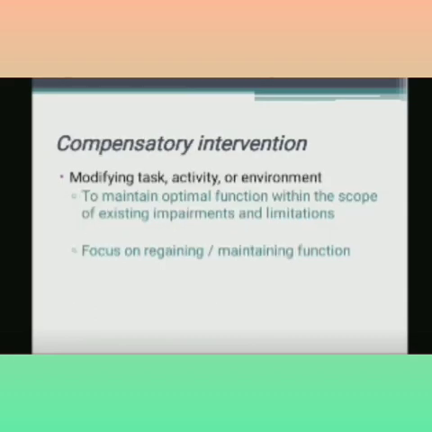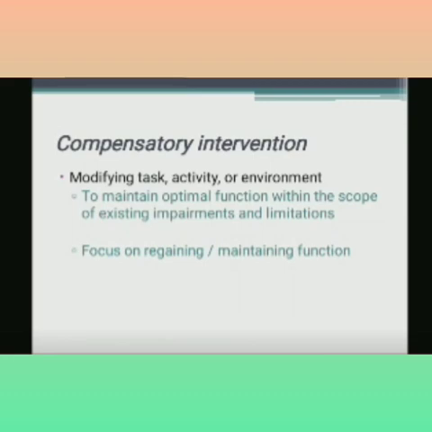Then comes your compensatory intervention. That means here the impairment has happened, so we couldn't prevent the impairments. So we modify the activities or the home environment or the work environment.